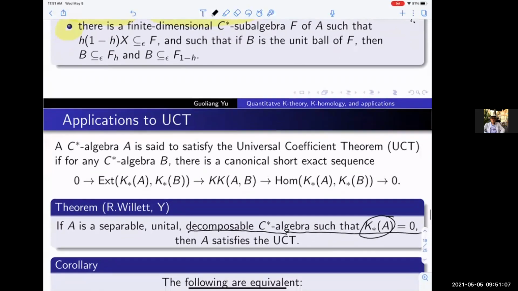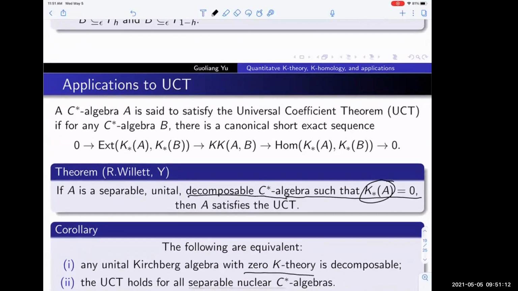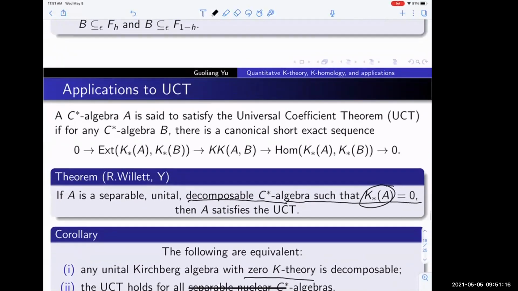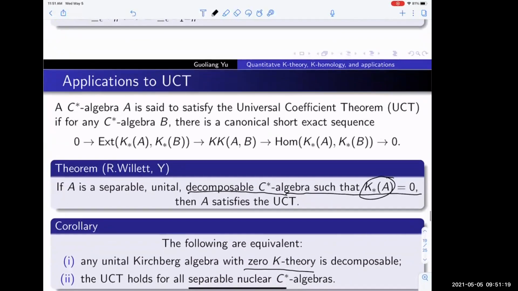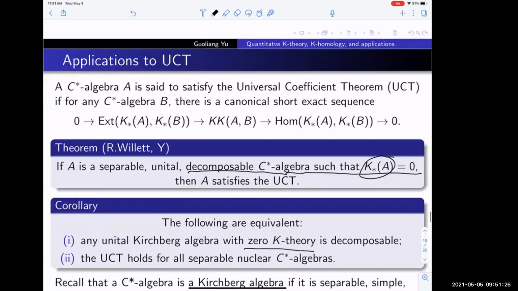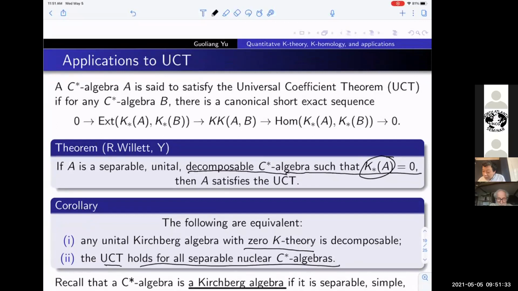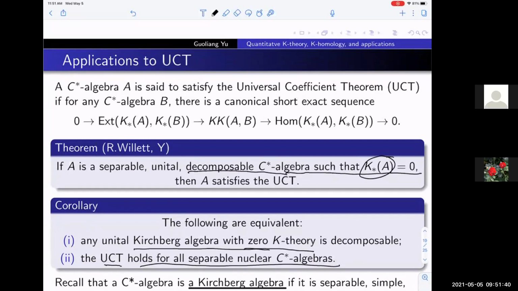It's not, because according to Kirchberg, it's enough to consider trivial K-theory things. By a theorem of Kirchberg, proving the UCT, the universal coefficient theorem, for all nuclear C*-algebras is equivalent to showing that Kirchberg algebras with zero K-theory are decomposable in our sense.